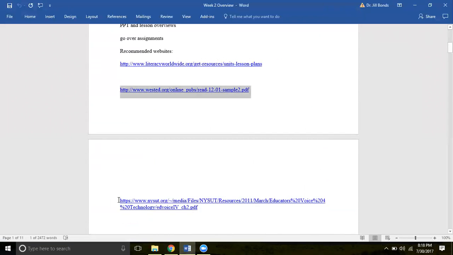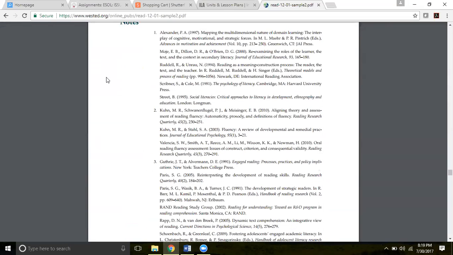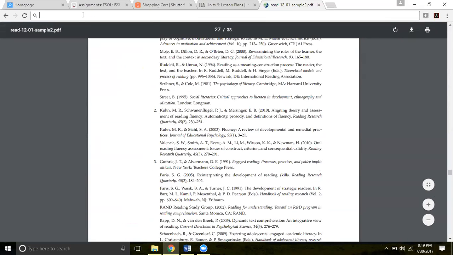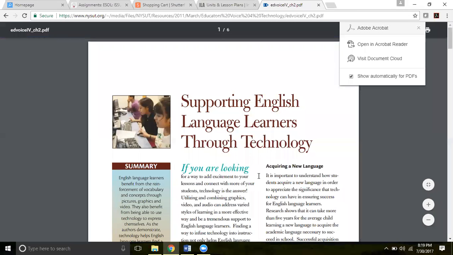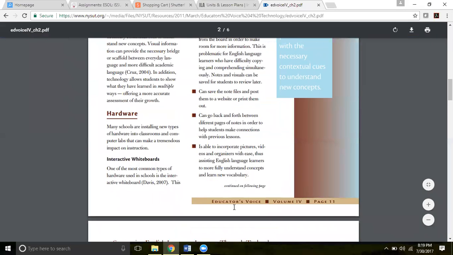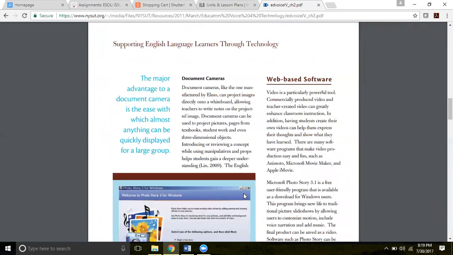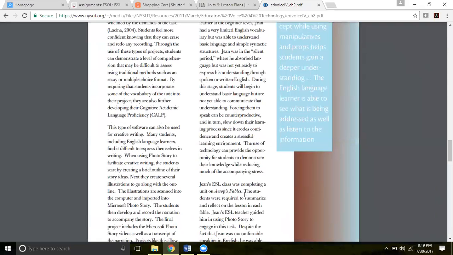The next website is from Invoices. This is about supporting English language learners through technology. It gives you some idea of some hardware, interactive whiteboards to use, some different web-based software, things that you can definitely look at and definitely use in your discussions as well.